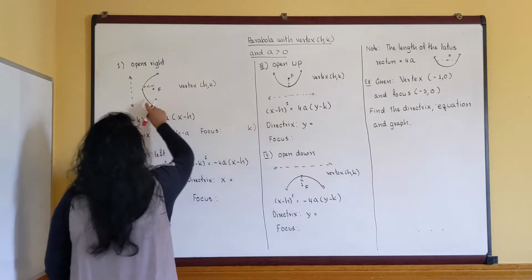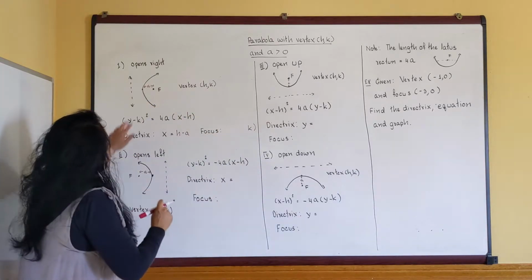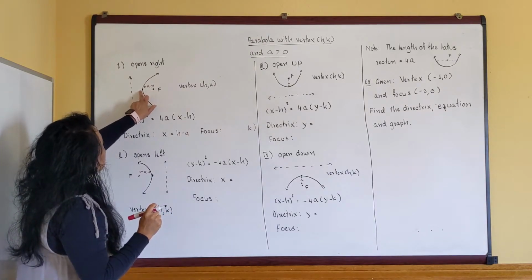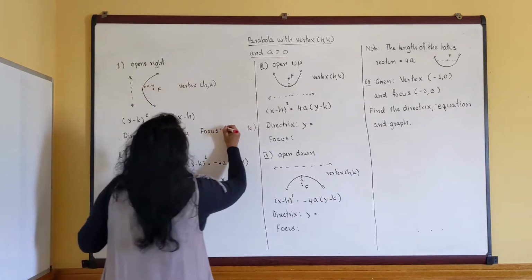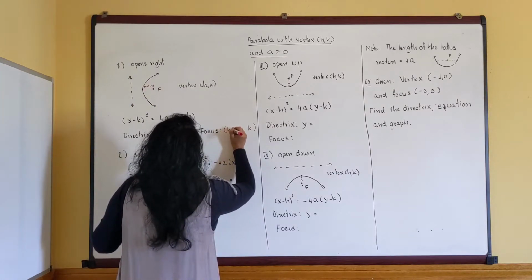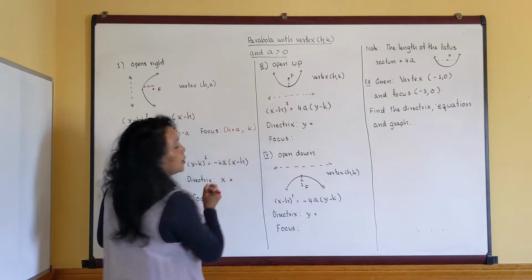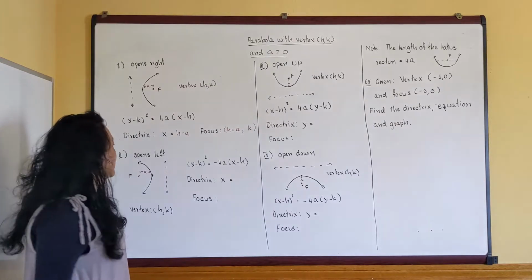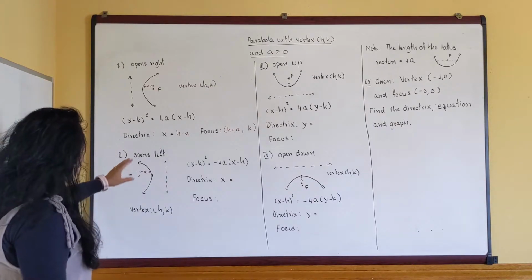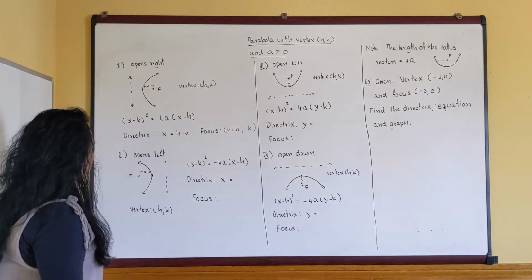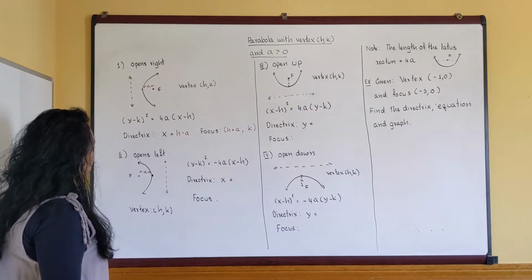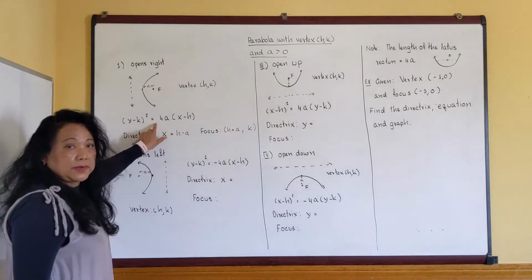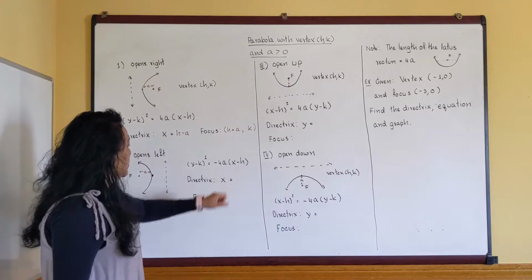The y coordinate is the same as the vertex, but for the x coordinate, if this is h and the distance from here to here is A, it is going to be h plus A. Now let's say if it's open to the left, the formula will be (y minus k) squared equals, it's going to be negative instead of positive if it's open to the left, times (x minus h).